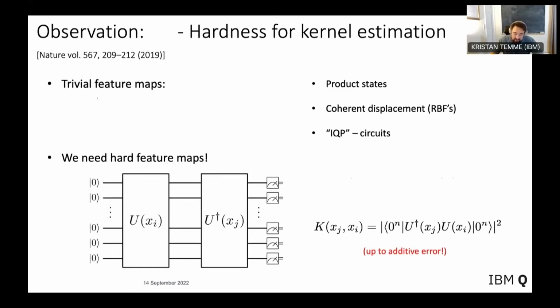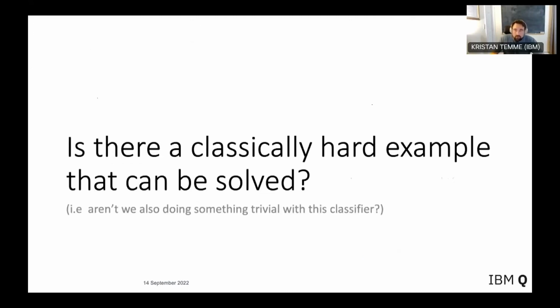And much of the learning after having implemented that kernel can be done by classical learners that now have access to a potentially very powerful kernel function. So the first question that would come to mind is, okay, fine, there may be kernels which may be hard to estimate classically, but so what, right? It doesn't necessarily mean that they may help you in some learning problem, right?